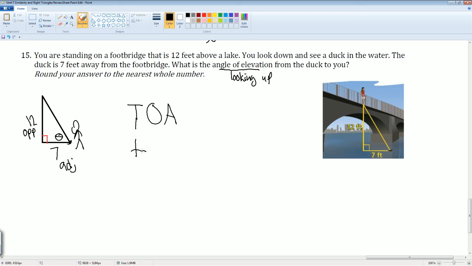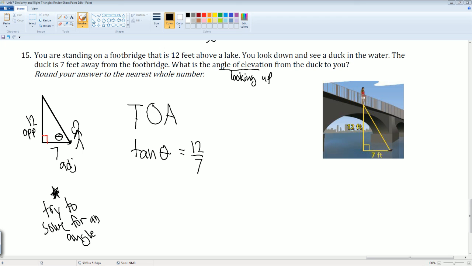So I can now set up my trig ratio. I can write tan of theta is equal to opposite, which is 12, divided by adjacent, which is 7. I'm trying to get my theta alone. So remember, here's the note: you're going to try to solve for an angle.